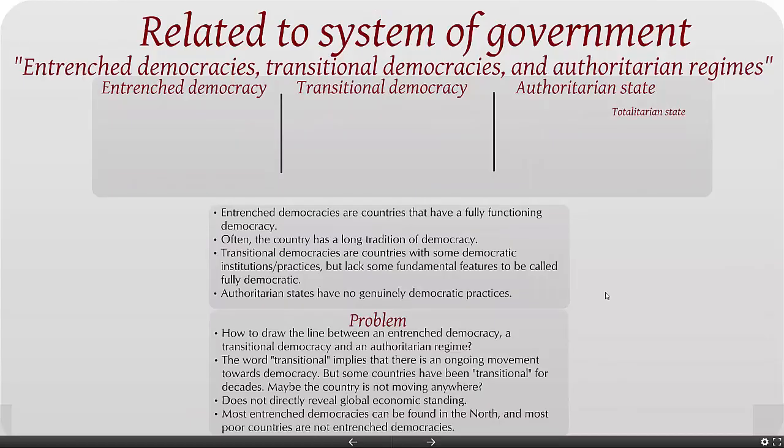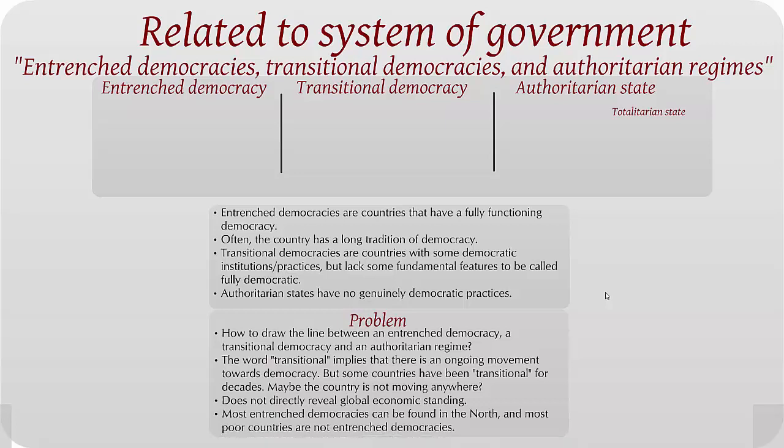Another way of labeling different countries is related to the system of government. We can talk about entrenched democracies, transitional democracies, and authoritarian states or totalitarian states, although there are not many totalitarian states now. Entrenched democracies are countries that have fully functioning democracy, and often the country will have a long tradition of democracy, that's why it's entrenched. Whereas transitional democracies are countries that have some democratic institutions and practices, but lack some fundamental features to be called fully democratic.